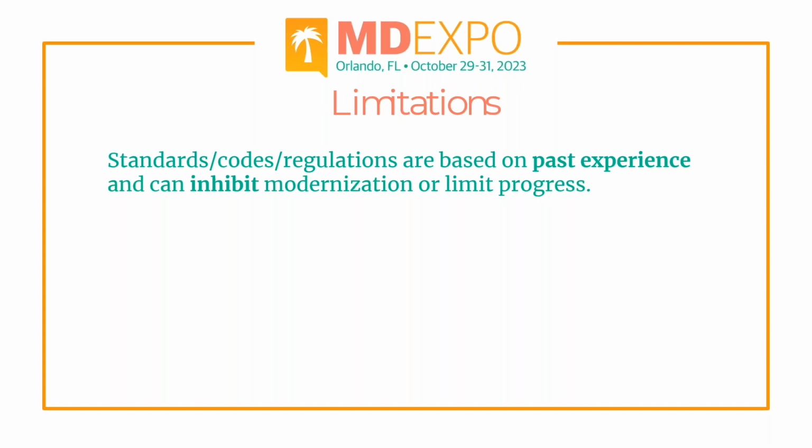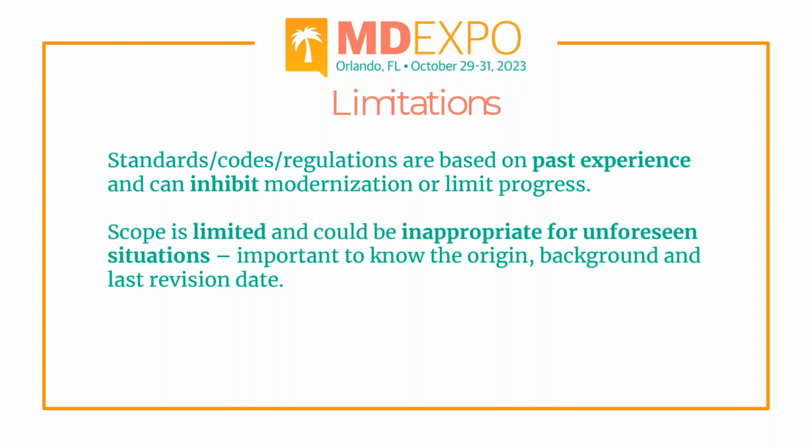People who are sitting there can't predict what's in the future. 50 years ago, when they wrote the California Motor Vehicle Code, they did not know whether they would have self-driving vehicles, right? So now they have self-driving vehicles in California and they're writing the code. So that's the key thing to remember: it is based on past experience and can inhibit modernization or limit progress.